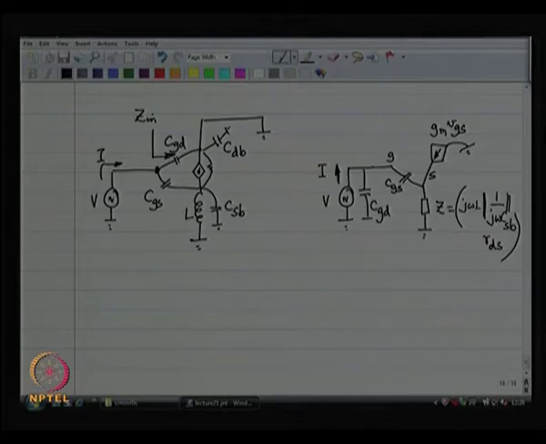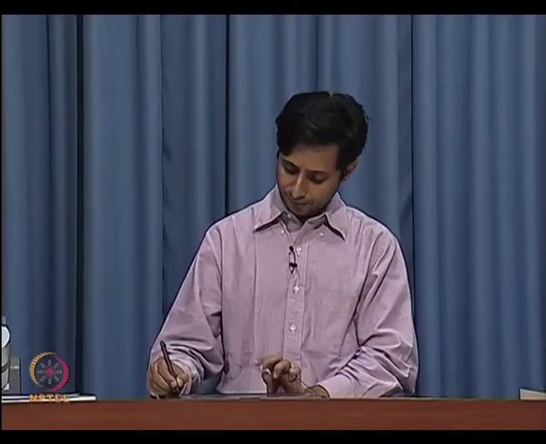So, this is Z. All right. So, this is a significantly simplified drawing of my system.